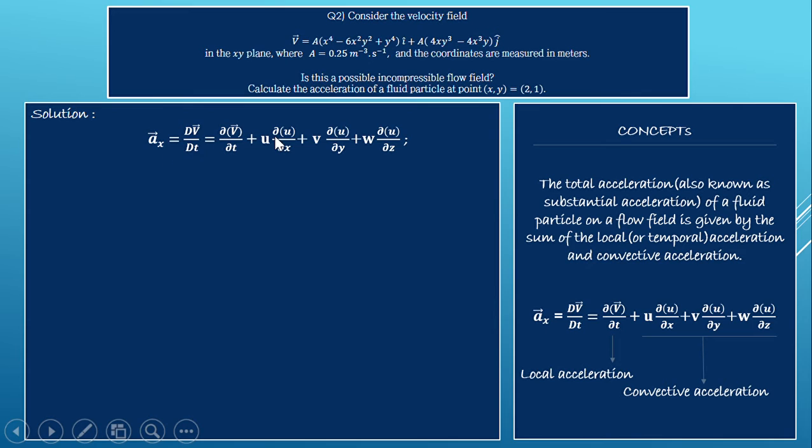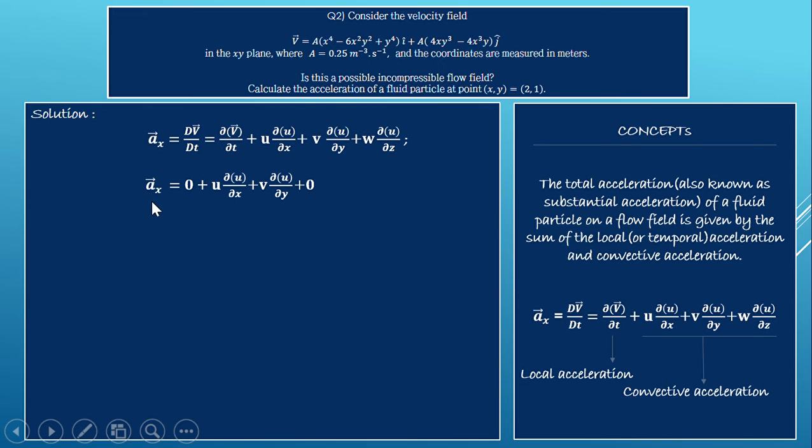We have a x is equal to the given expression. Since in the velocity vector there is no variable of the time t, hence del v upon del t is equal to 0. And since w is equal to 0, therefore the term w times del u upon del z is also equal to 0.